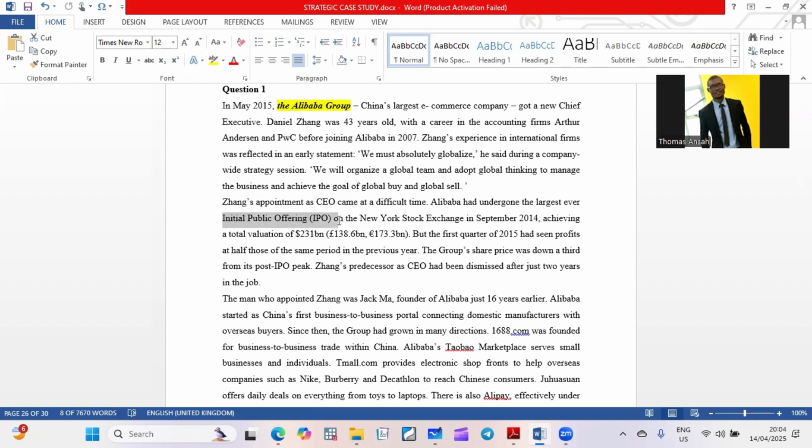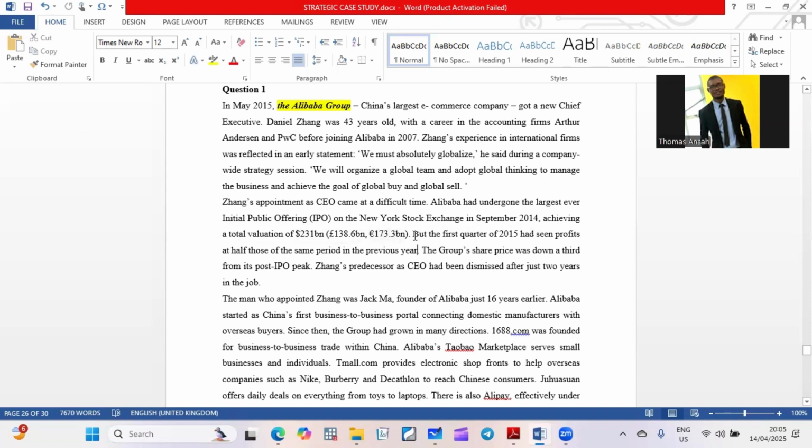So it says that on the New York exchange market in 2014, achieving a total value of $231 billion, the same amount in equivalent currencies.